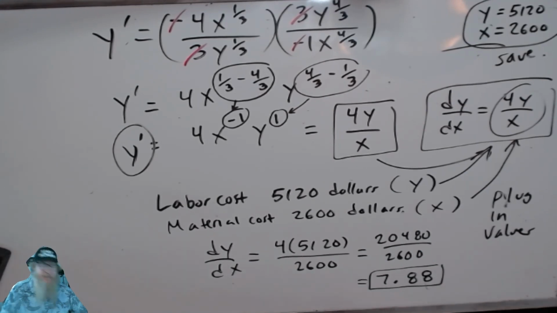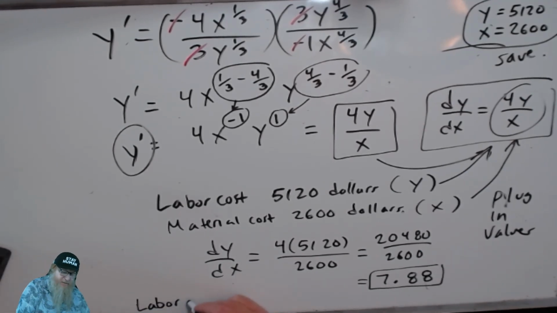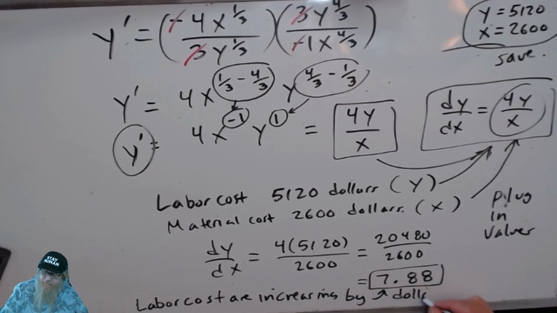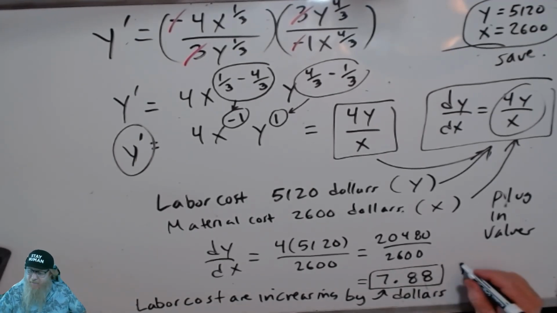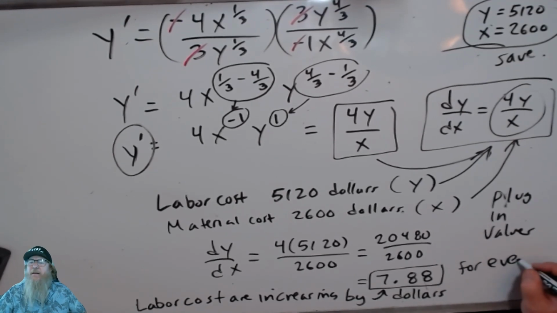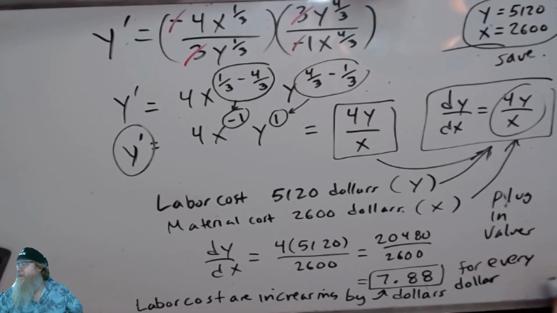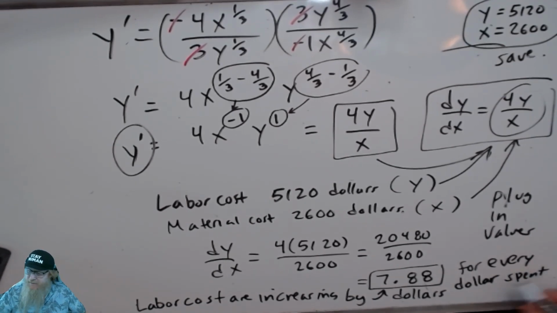All right, so what does this mean? This means that labor costs are increasing by this much, $7.88 for every dollar spent in materials.